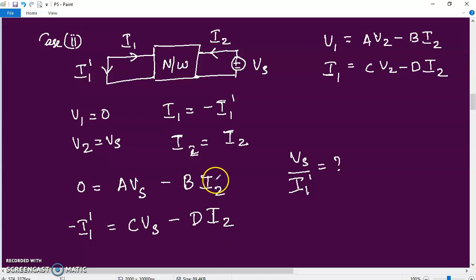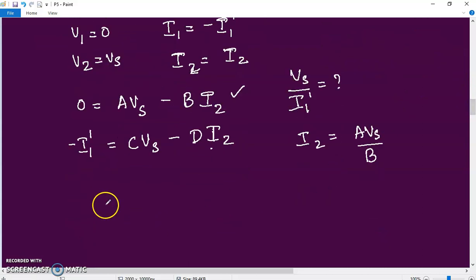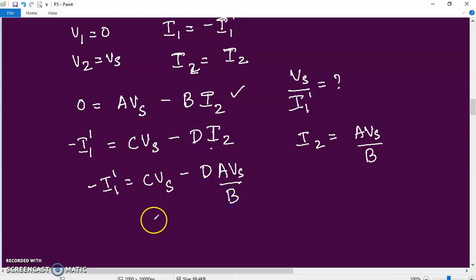So from the first equation we can get I2 is equal to A into Vs by B. We can put this I2 here. So we can write minus I1 dash is equal to C into Vs minus D into A Vs by B.